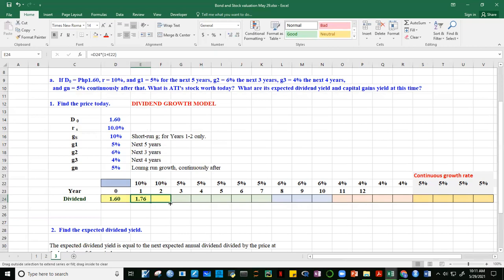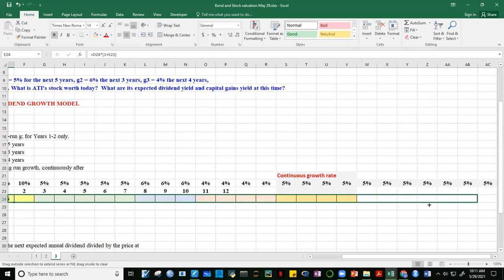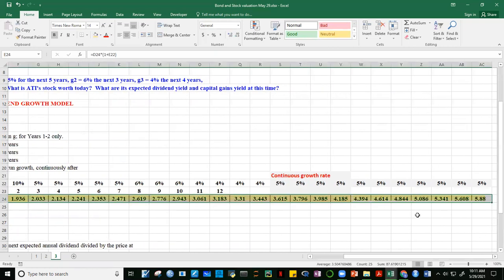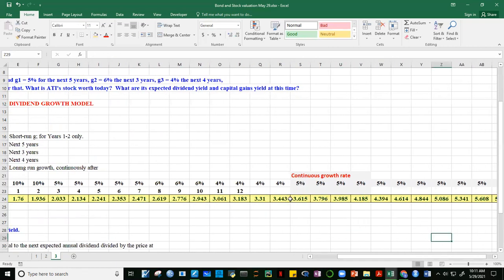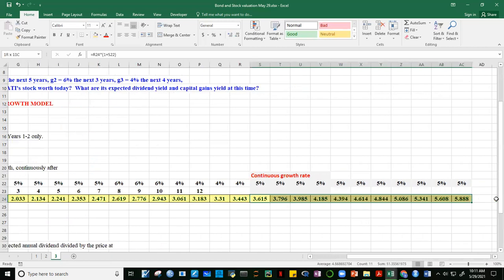And then dito pwede natin tong i-copy hanggang tuloy-tuloy. There. So these are now your dividends. So every year nag-grow siya, iba-iba nga lang yung rates. Pero ang question, saan yung constant growth rate? Andito yung constant growth rate here. So constant na to.